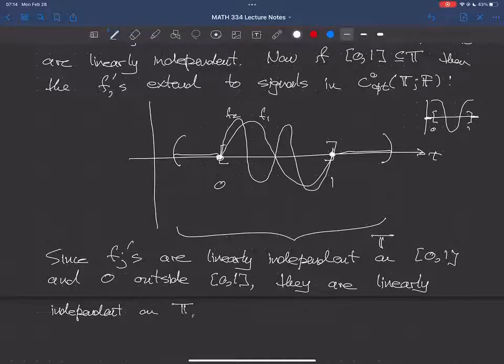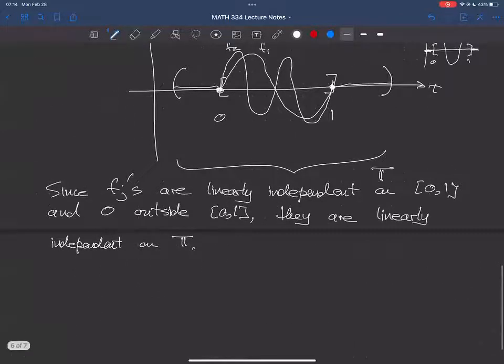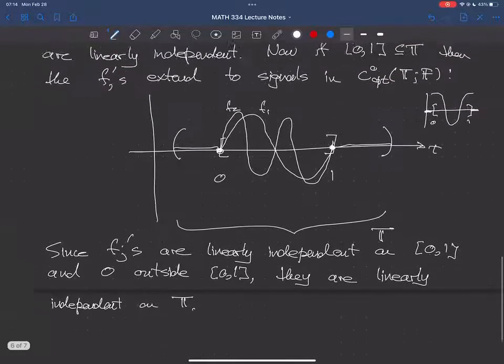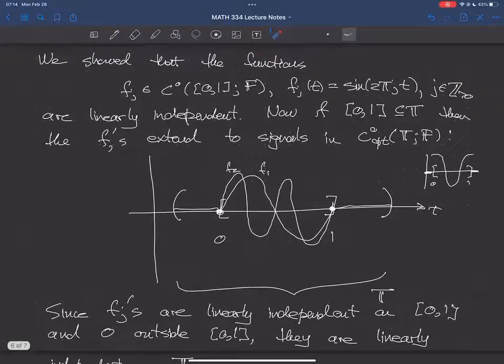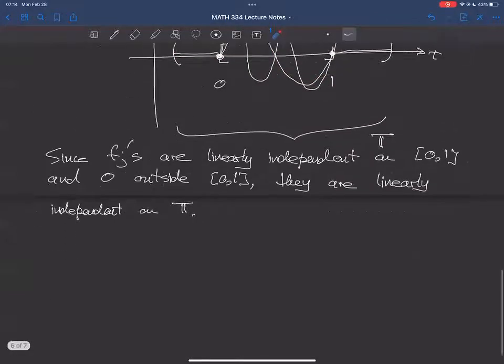Okay, so I'm saying something there, and you should think about why that's true. The point is that, by things that I previously did, if a time domain satisfies a condition like that, then it's automatically infinite dimensional because it contains this infinite collection of linearly independent signals, which are 0 outside the interval 0, 1, and then there are these sine functions inside 0, 1.